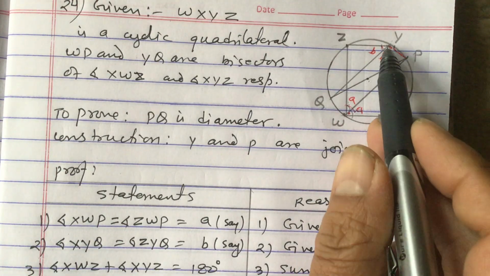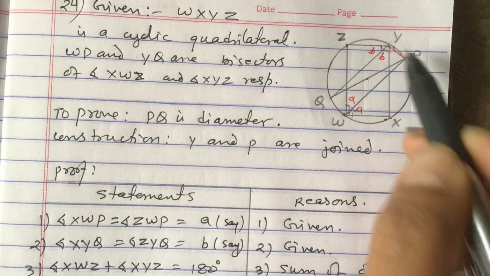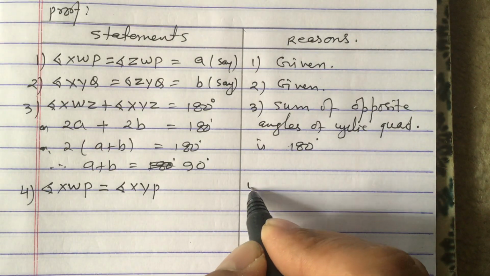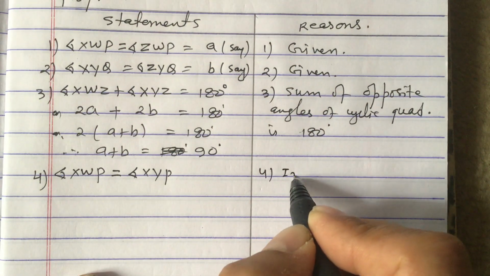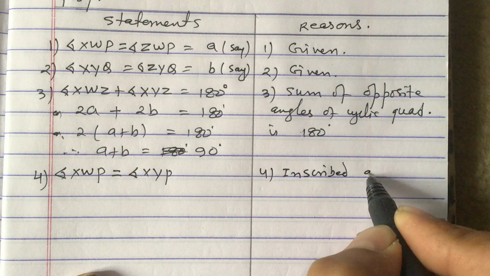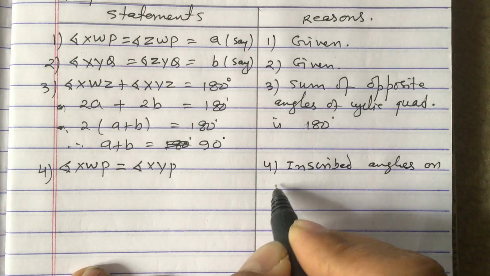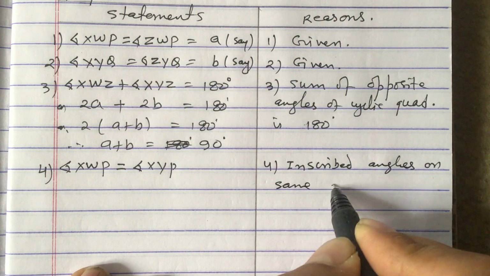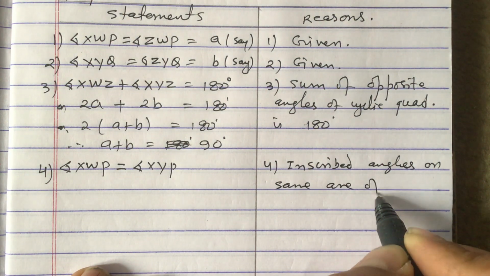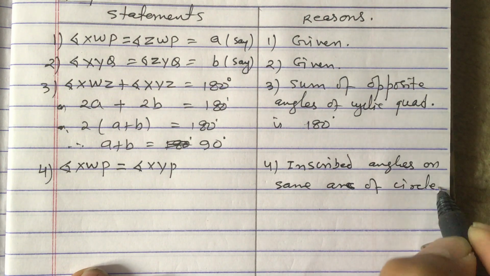XWP and XYP, they are equal because they are standing on same arc. They are the inscribed angles. So here reason is inscribed angles on same arc of circle, they are equal.